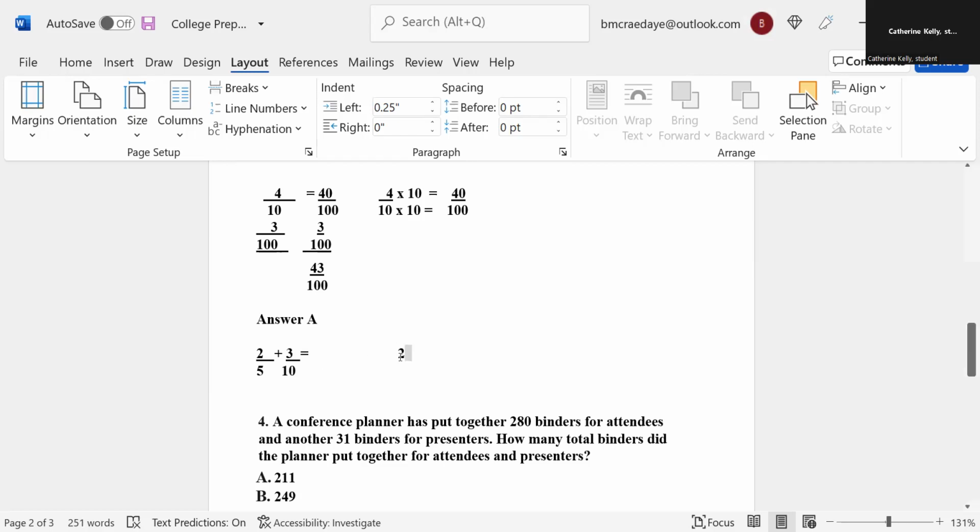So 2/5 is the one you would change. 5 times 2 equals 10. And then the top, you do the same. So what would that be? 2 times 2 is 4. That's right, 2 times 2 is 4 and 2 times 5 is 10, and that is indeed correct.